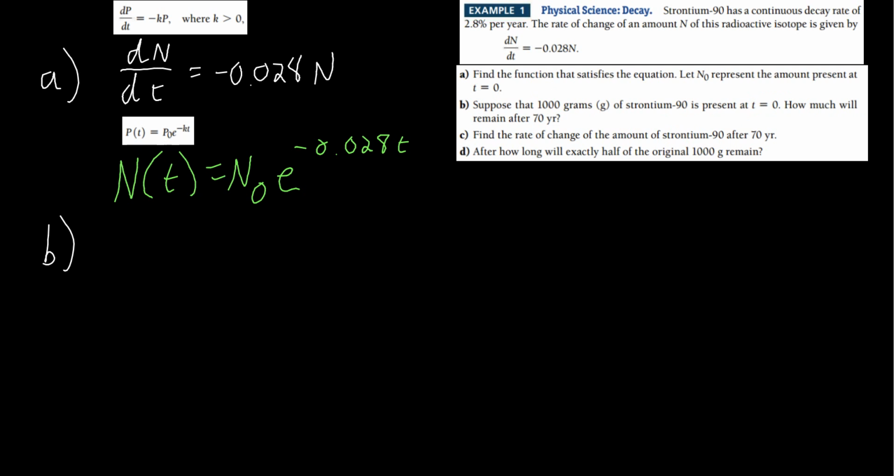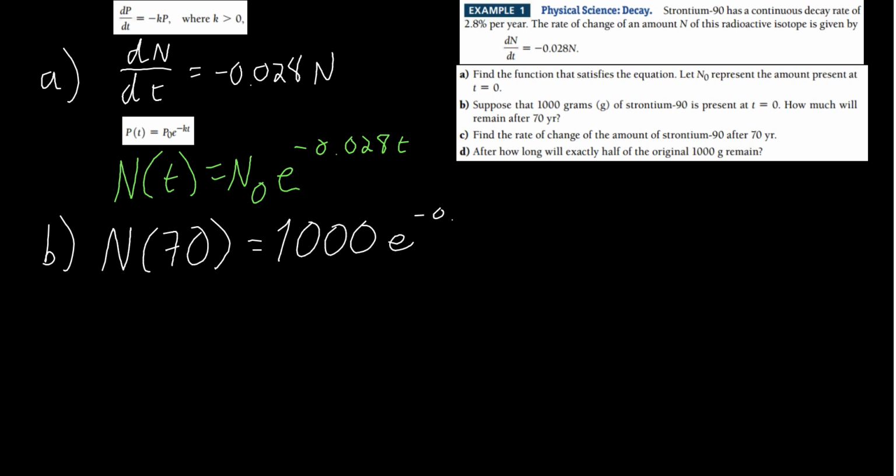Well, we're going to have N of 70, and that is equal to, my N naught is 1,000, and then e again is just e to the negative 0.028 times t, which is 0.